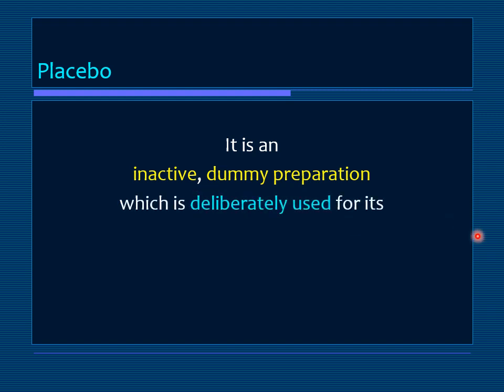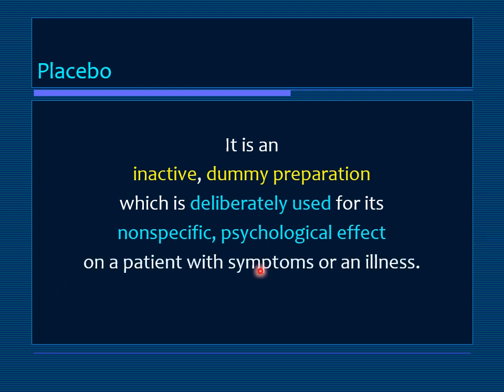But they are also used deliberately for some non-specific and psychological effects, and these are used for patients with symptoms of illness. On the clinical side, usually just to satisfy the psychological aspect, at times we can give an injection of simple distilled water.